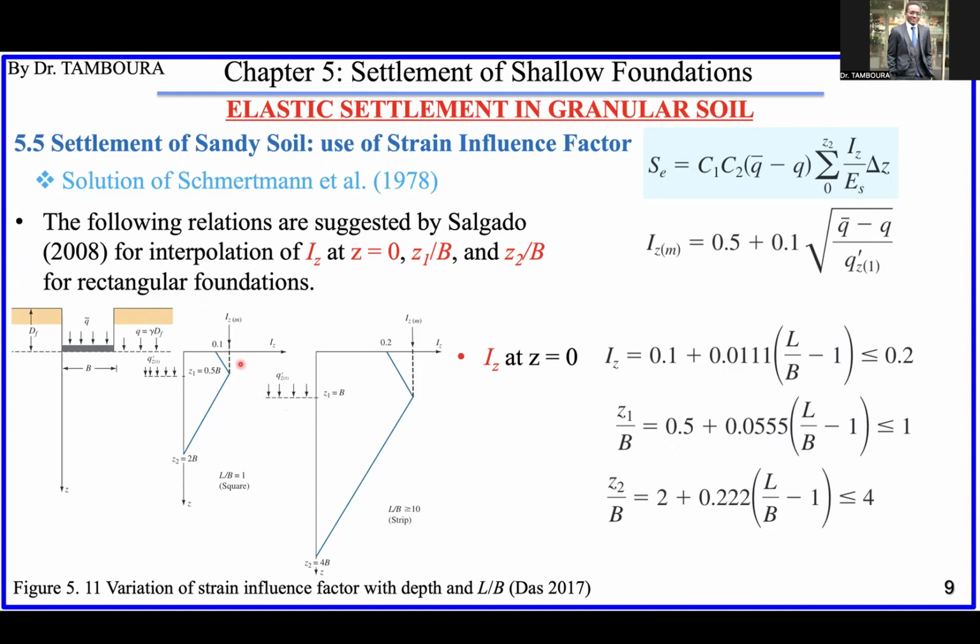It means between these two. For example, when you have L/B equal 5, which is like the middle between this one and this one, and you are wondering, okay, how can I estimate the value at the footing base level here? In this case, it's 0.1, in this case, 0.2, okay? So as we said, we have to interpolate. And for interpolation, we are giving you here the equation to do that, okay?